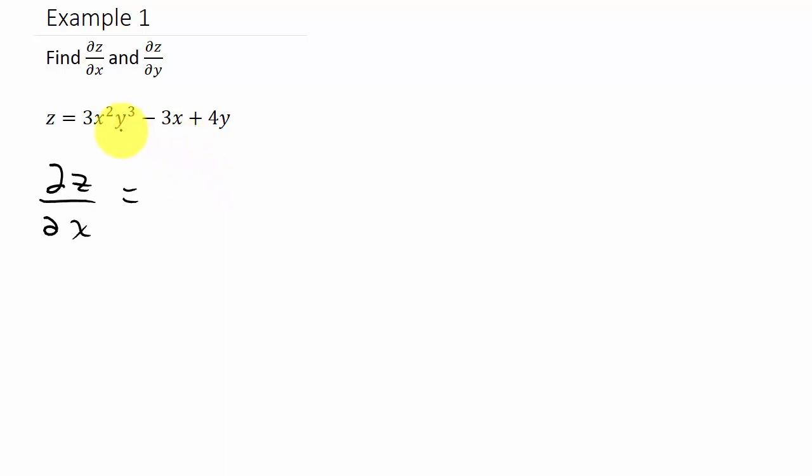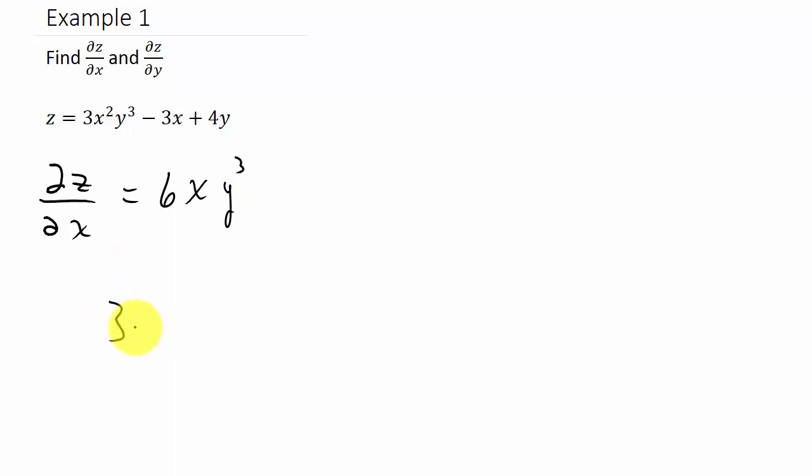So the 2 comes down, 2 times 3 is 6, and then you subtract 1 from the exponent times y cubed. Remember, y cubed is a constant. We're treating y cubed as a constant.